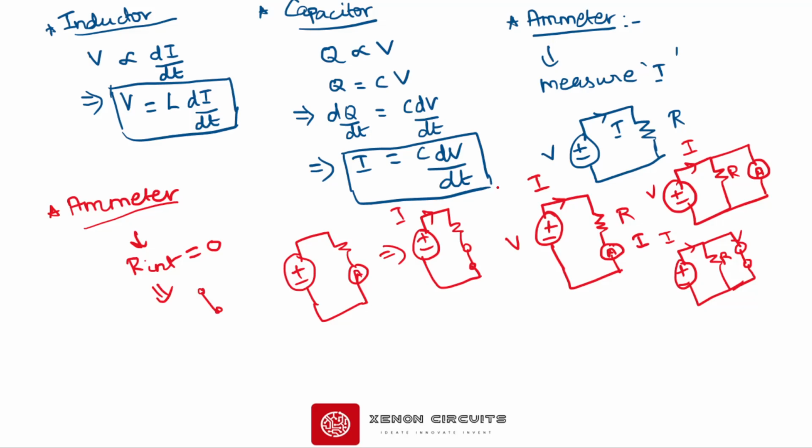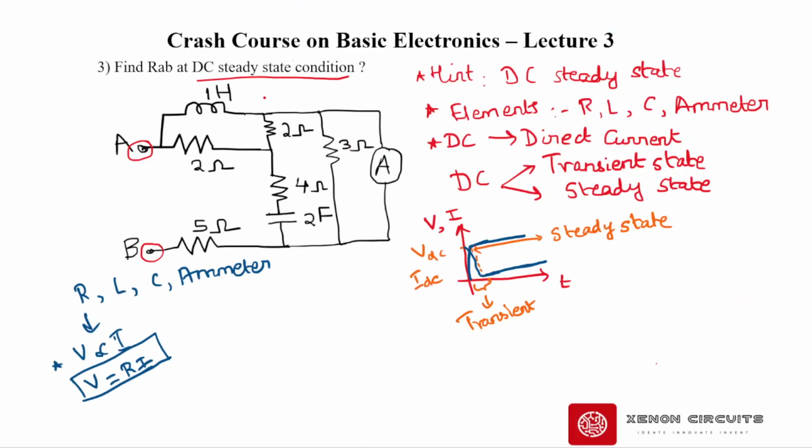Now let's apply these learnings to the question that was asked earlier. So at DC steady state condition, how do an inductor, capacitor and ammeter behave? We know that the resistor is going to behave the same, there won't be any change.